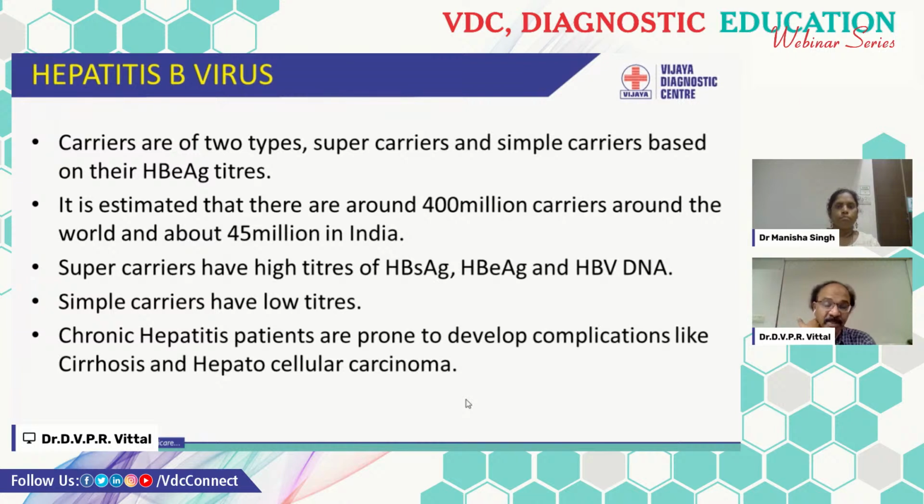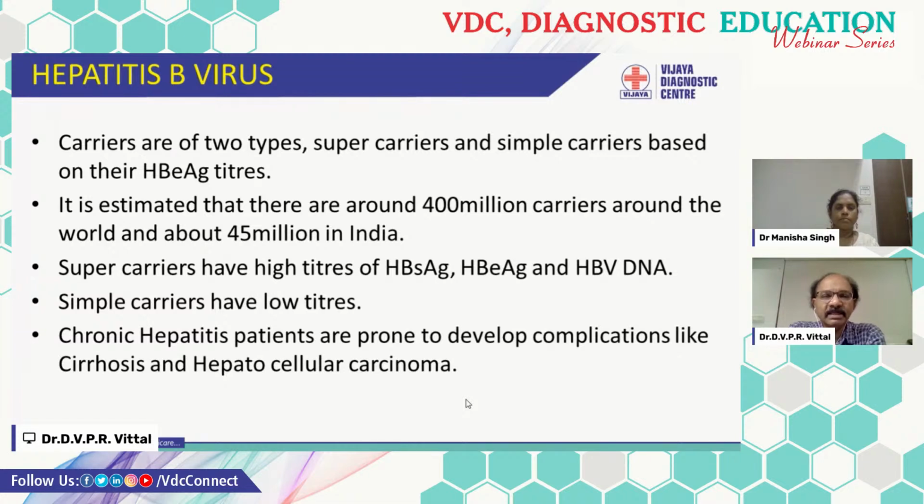I'll also explain this during the antigens. The carriers are of two types, called either super carriers or simple carriers. This classification is based on their hepatitis B envelope antigen titers. There are about 400 million carriers around the world, with 45 to 50 million in India.